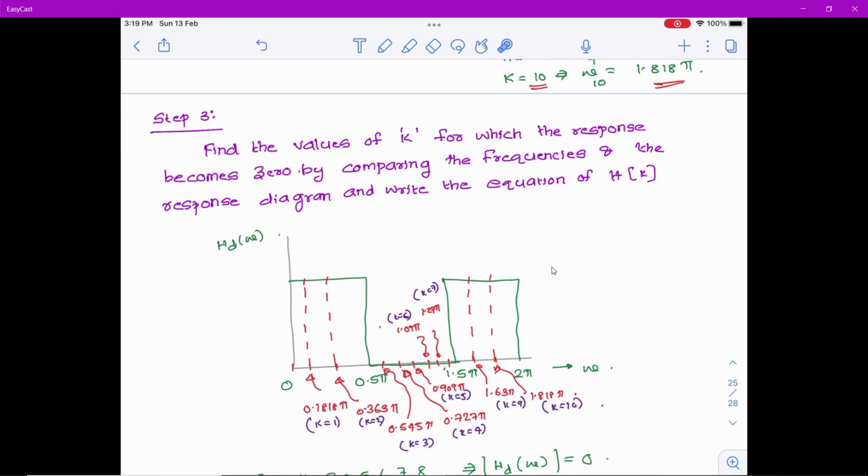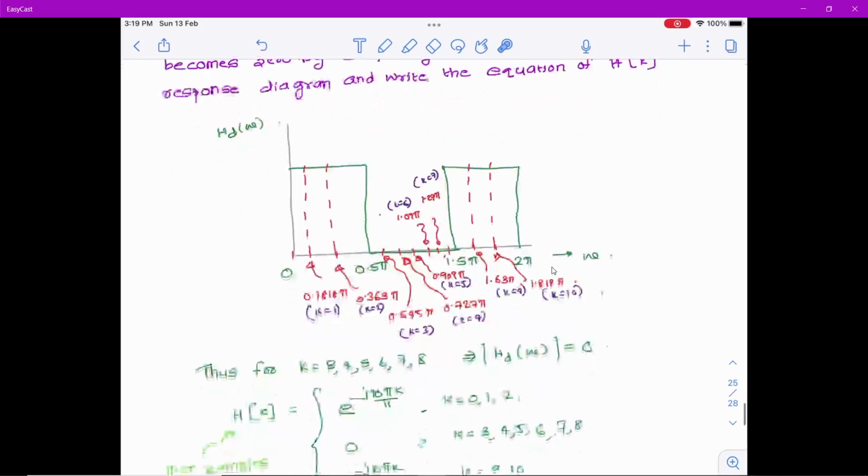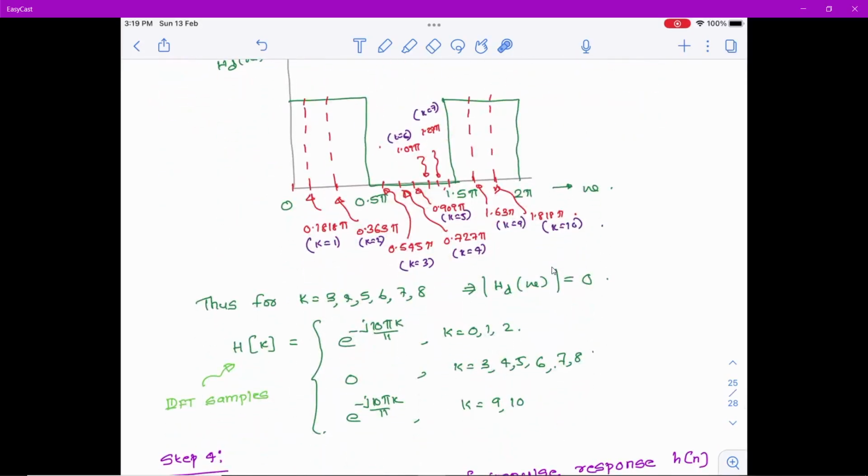So you can rewrite the equation of HD of omega after sampling as h of k, and remember, h of k is hd of 2 pi k by m, that is e raised to j 5 into omega, that is 10 pi k by m minus.